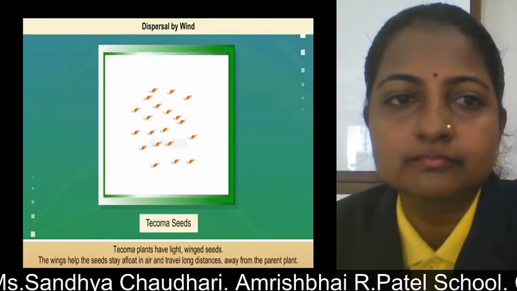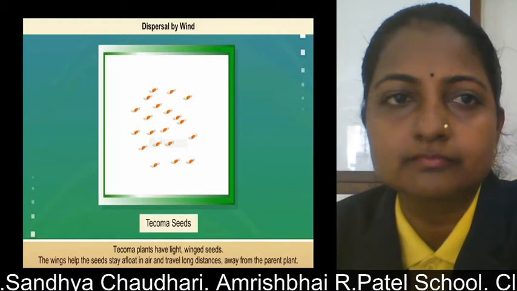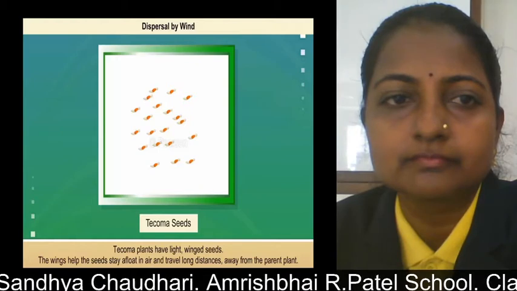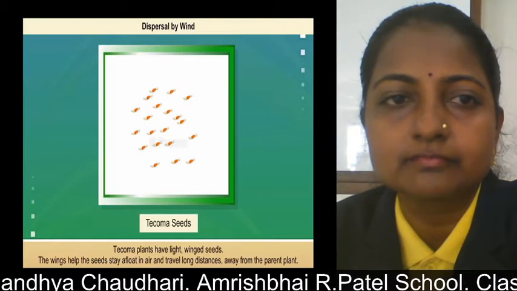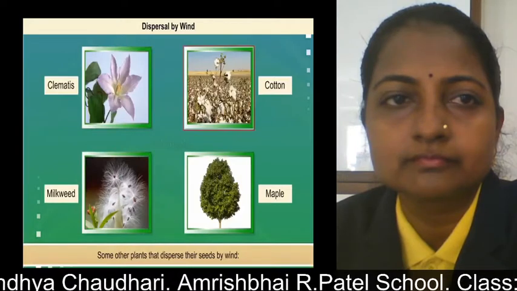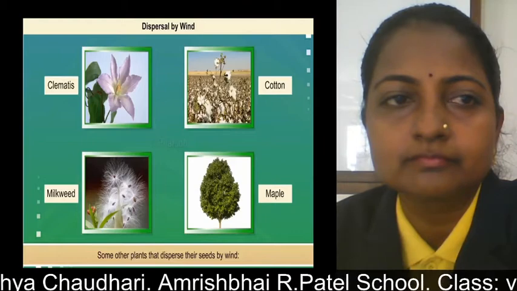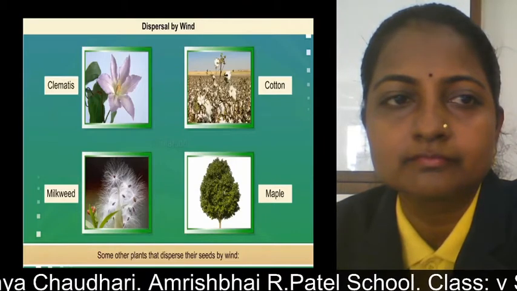Tecoma plants have light winged seeds. The wings help the seeds stay afloat in air and travel long distances away from the parent plant. Clematis, cotton, milkweed, and maple are some other plants whose seeds are dispersed by wind.